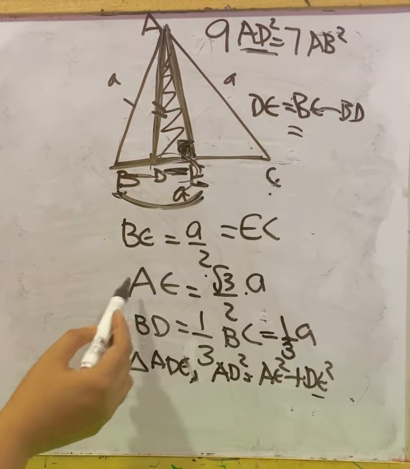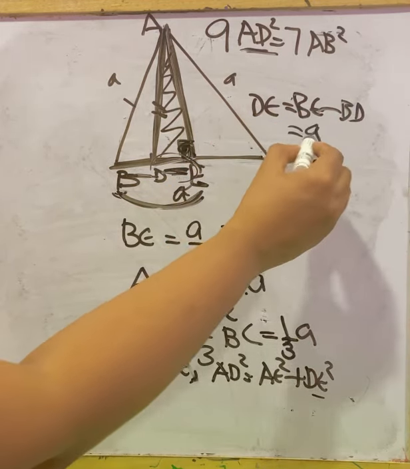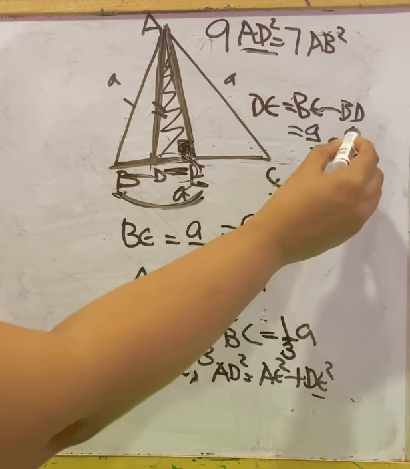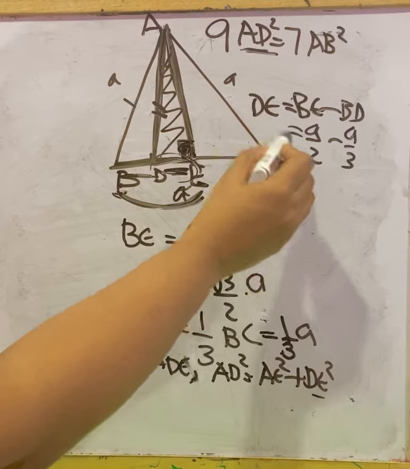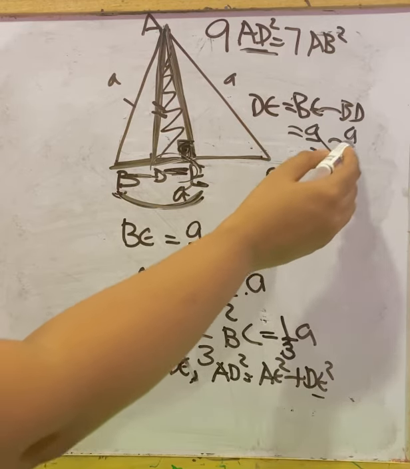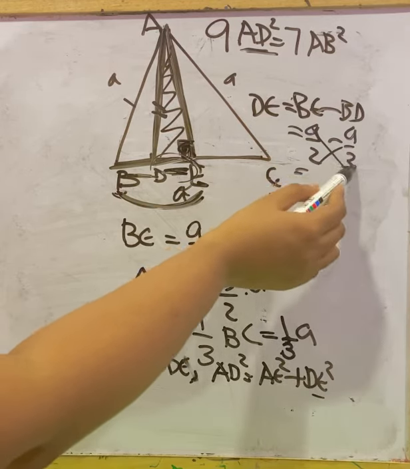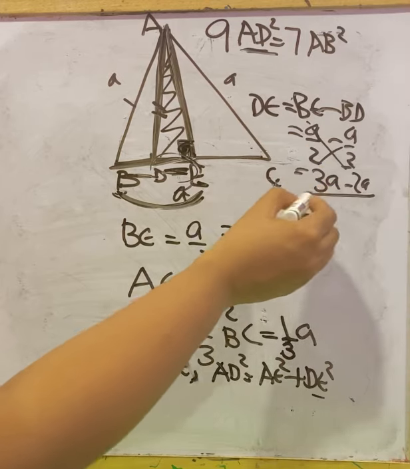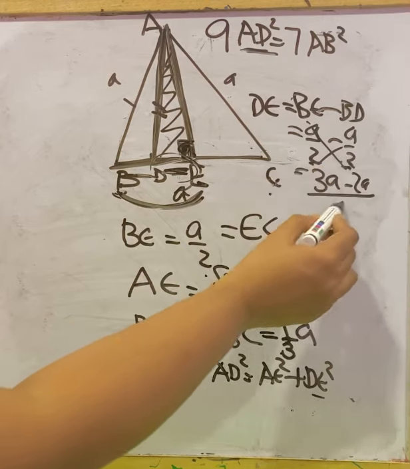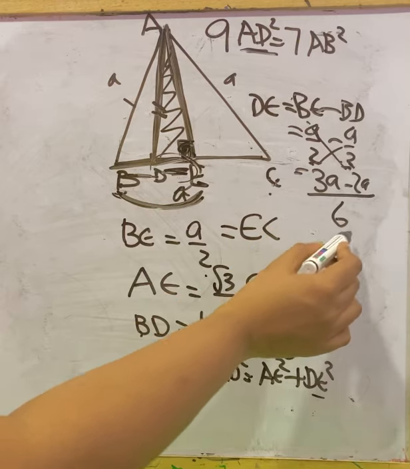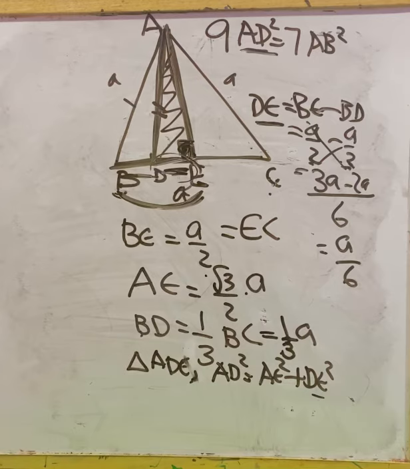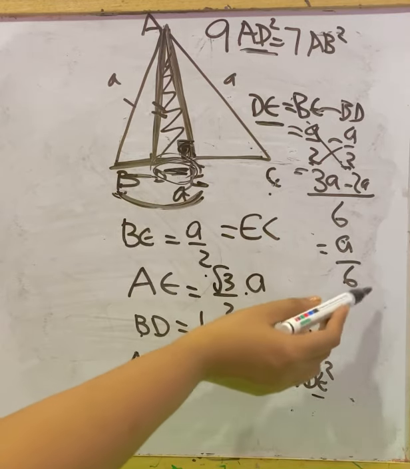So BE we know is A by 2, minus BD, we know A by 3. So DE is, here we will cross multiply, 3 into A, 3A, minus 2 into A, 2A, by product of denominators 6. 3A minus 2A is 1A by 6. So the length of DE is A by 6.